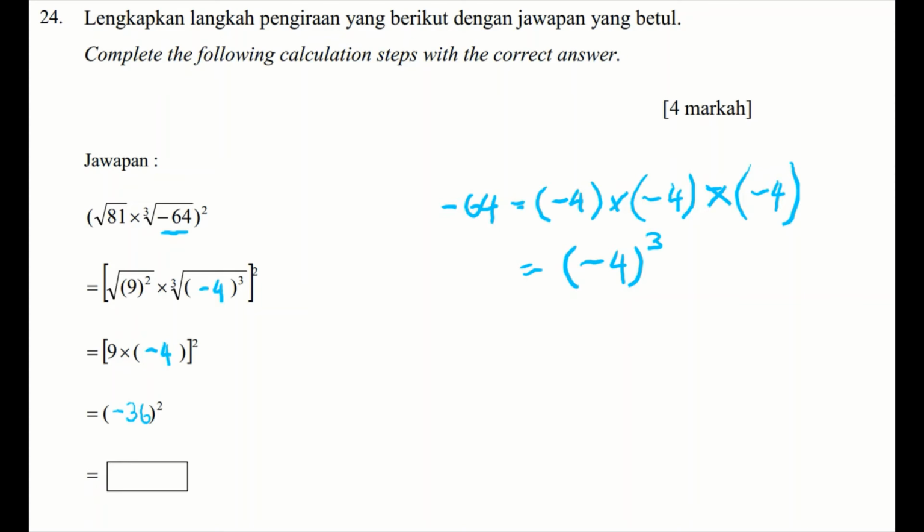Then -36 to the power of 2 is equal to -36 multiplied by -36. You will get the answer 1296.